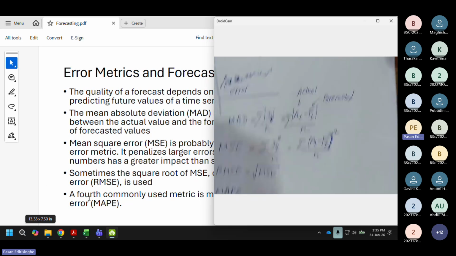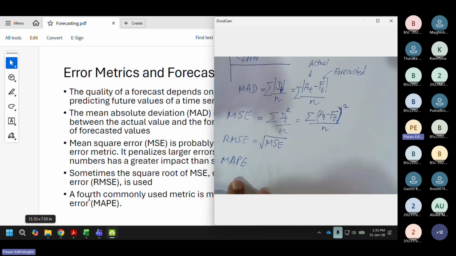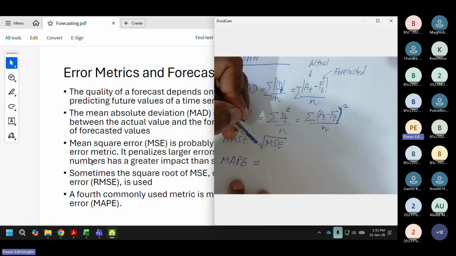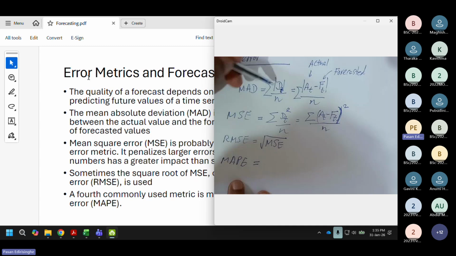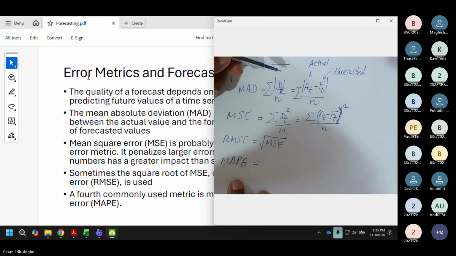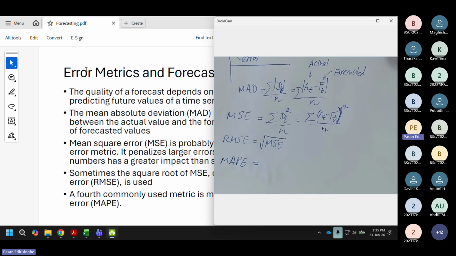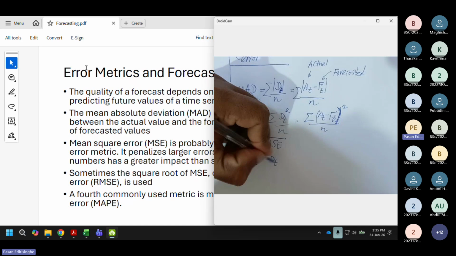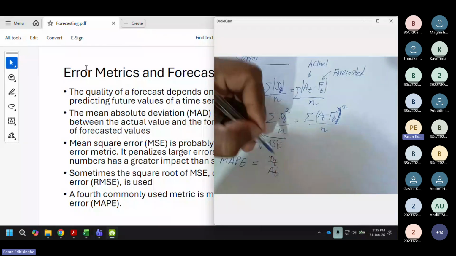So we are now taking it as a ratio. For the mean absolute percentage error, we take the deviations and take the absolute value, and then we divide it by the observed value, the actual value.